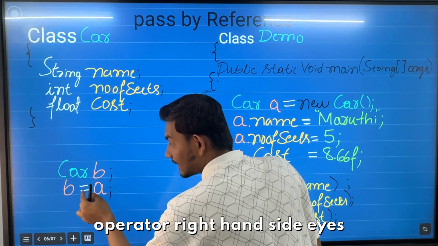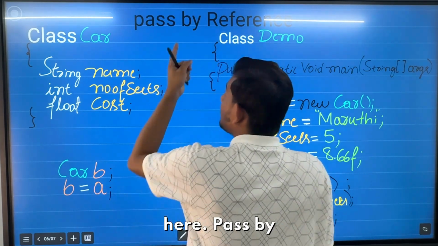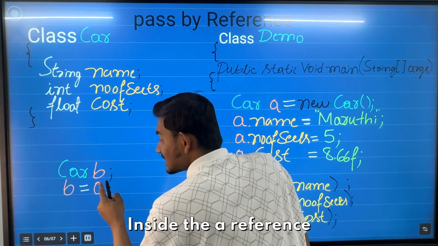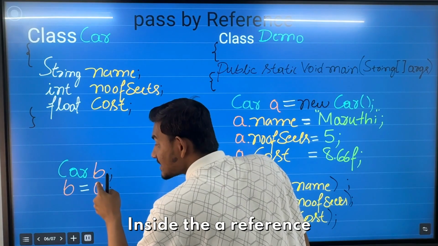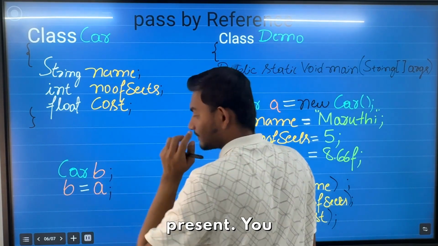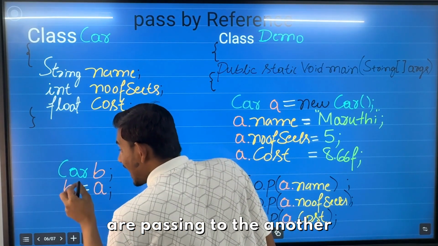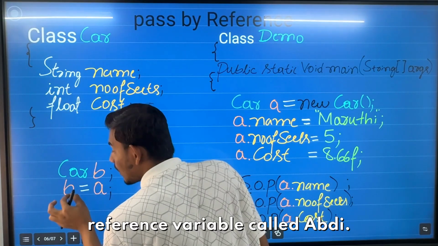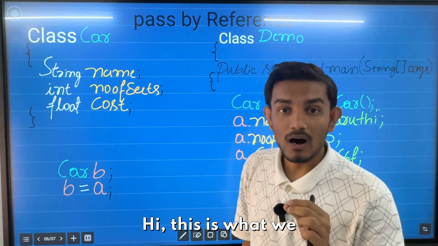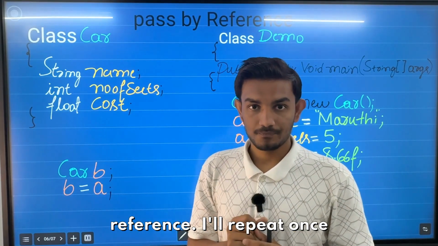Assignment operator, right-hand side. Inside the A reference variable, whatever address is present, you are passing to the another reference variable called B. Guys, this is what we call pass by reference.